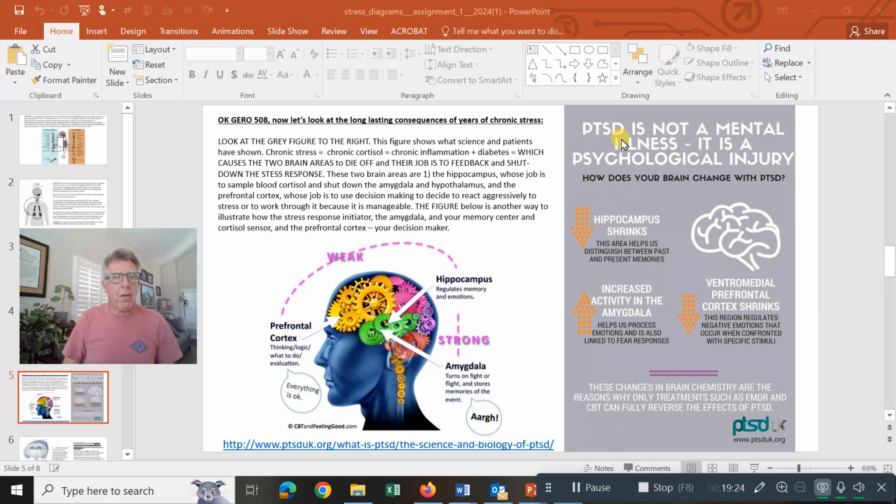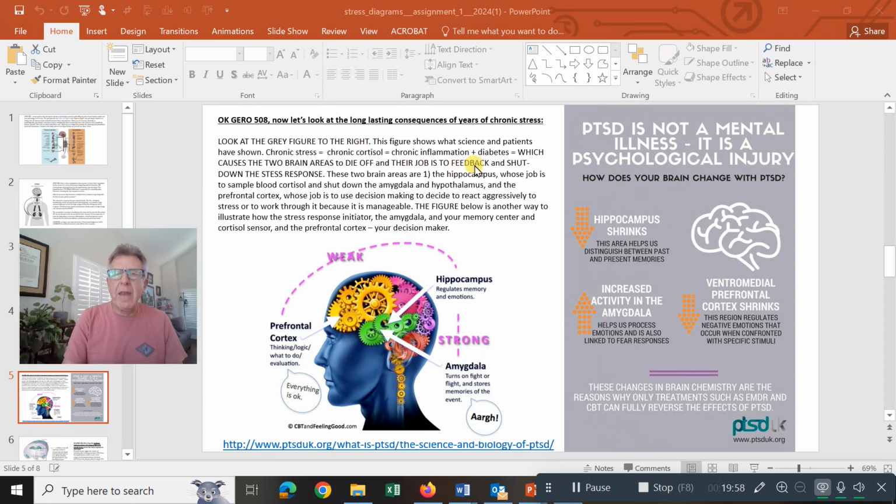The problem is, we need the prefrontal cortex and the hippocampus to inform us to shut off the stress response. When you have psychological illness, the hippocampus shrinks and the prefrontal cortex shrinks. You see these downward arrows, and the rage center, the one that makes us overreact, grows in strength.